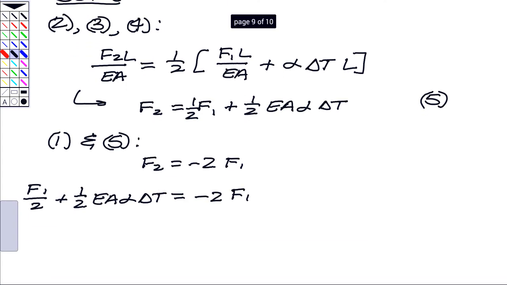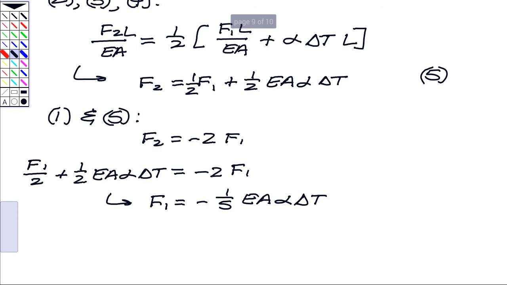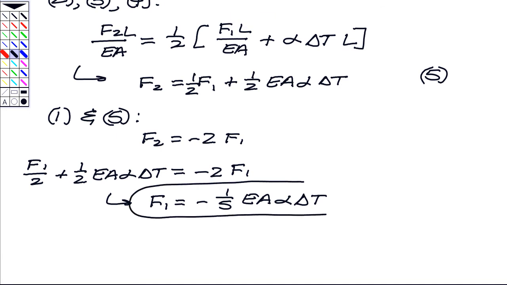One equation and one unknown. And so from this I get that F1 is equal to minus 1/5 EA, thermal expansion coefficient alpha, times the temperature change delta T. So this is the relationship that we have.